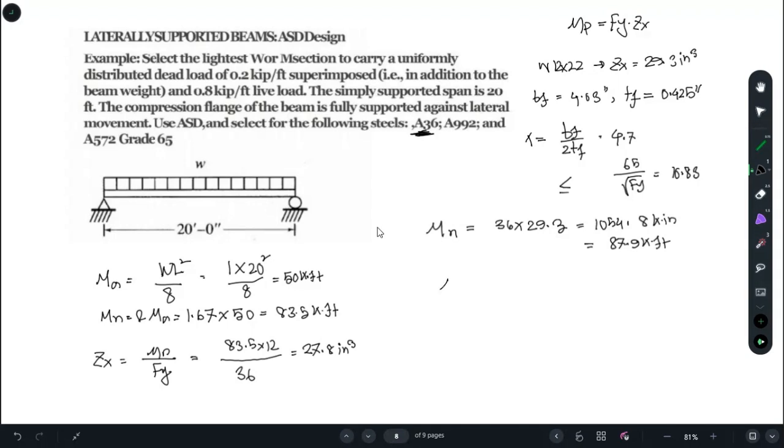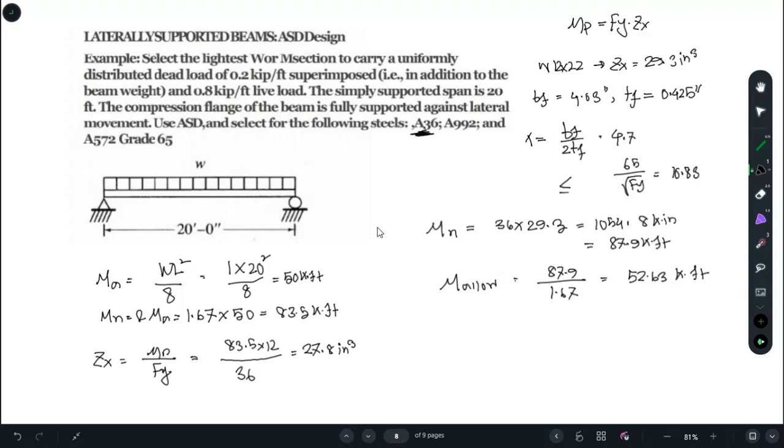And the allowable moment will be 87.9 divided by 1.67, because 1.67 is the reduction factor, and you'll get the value 52.63 kip-feet.